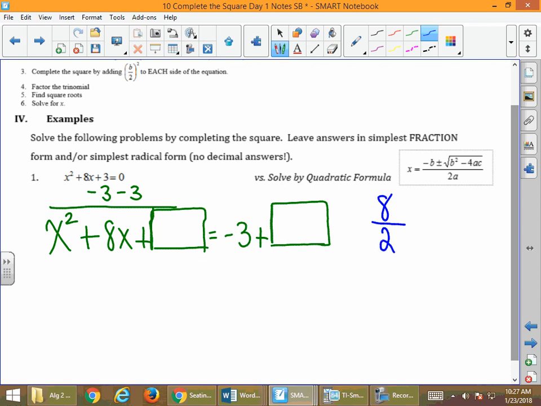Divided by 2, which is 4. And then we're going to square it. Well, 4 squared is 16. We're going to add the 16 on the left side of the equation, and we're going to add 16 to the right side of the equation.